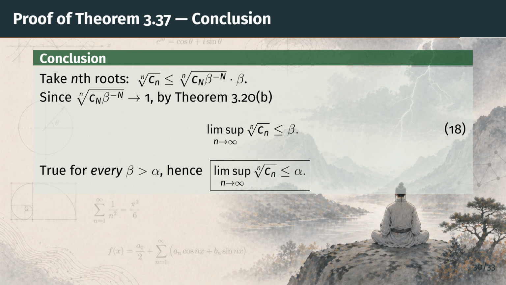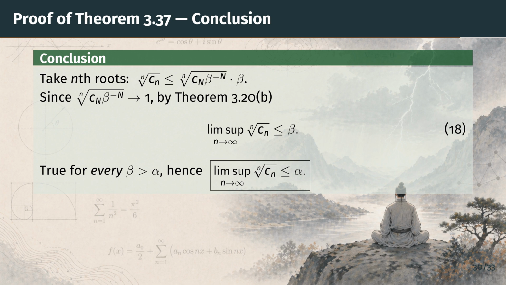The upper limit of the nth roots is at most beta, but beta was an arbitrary number greater than alpha. Since the inequality holds for every such beta, it must also hold for alpha itself, giving the upper limit of the nth roots is at most alpha. That is exactly the second inequality, and the proof is complete.